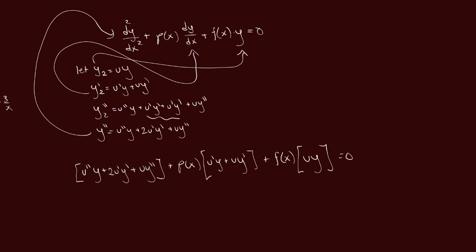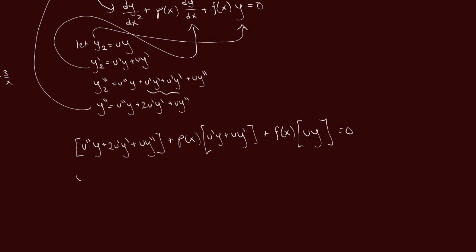Now we're unfortunately going to FOIL this all out. Actually, it's not too bad. We don't really have to FOIL the first part out, we just have to FOIL the p of x part out. Oh wait, we also have to collect like terms. That's a horrible part.